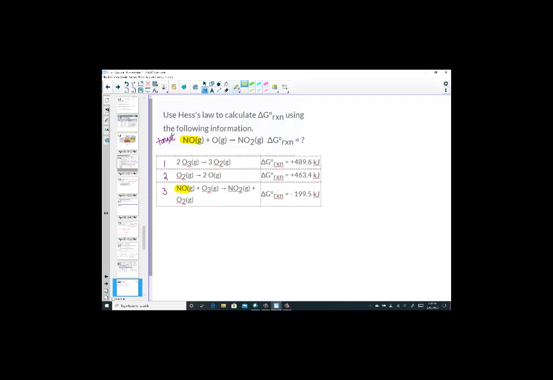It's on the left side of the arrow, which is where I want it, and I have just 1 mole's worth, which is what I want. So the first thing I'm going to do is to rewrite the elementary reaction 3 just as it is. Since I didn't change a thing, the delta G remains the same at negative 199.5 kilojoules.